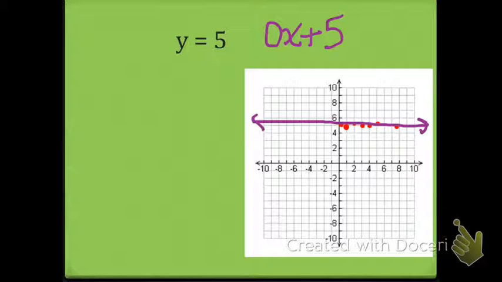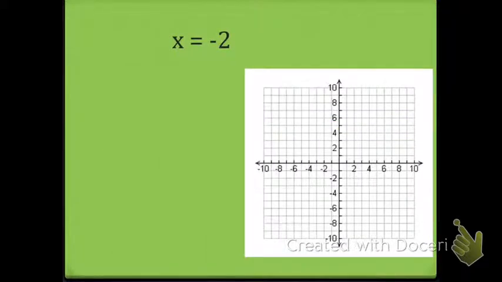So remembering a lot of times that a y equals number line would be horizontal, and that would lead us to the next one, which is an x equals number. So if you have x equals, it means you don't have a y.